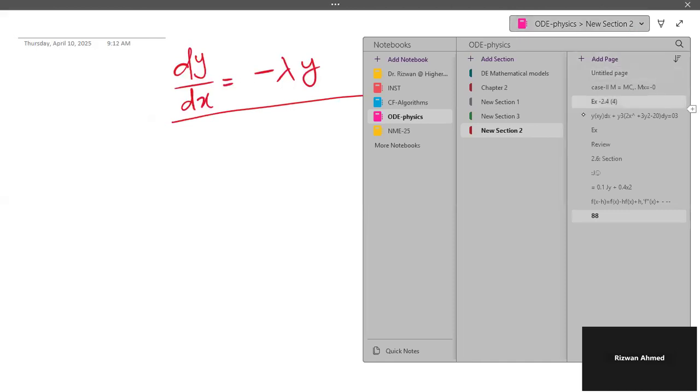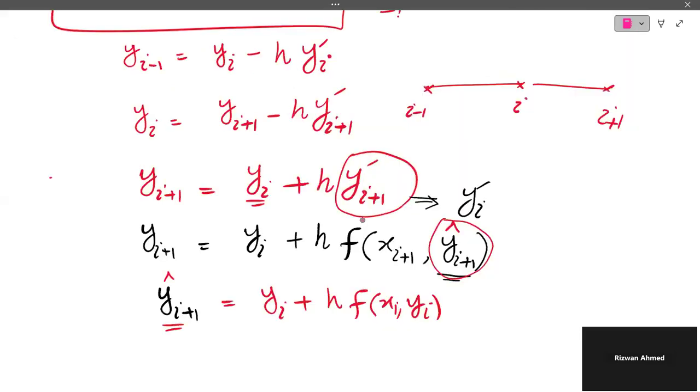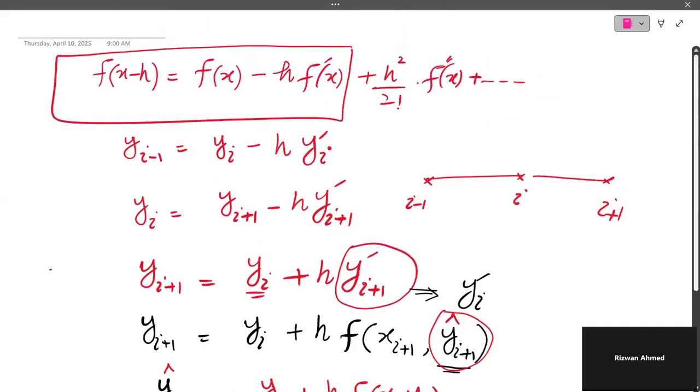In Euler's backward method, with the Taylor series expression, we expand f of x minus h around f of x. So to the first two terms, it is f of x minus h times f prime of x.